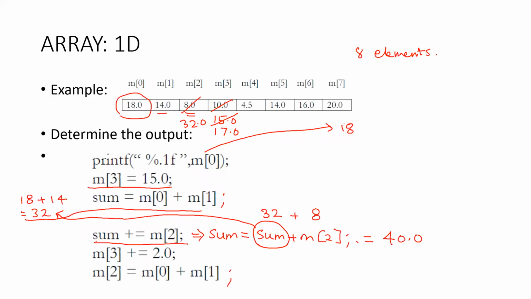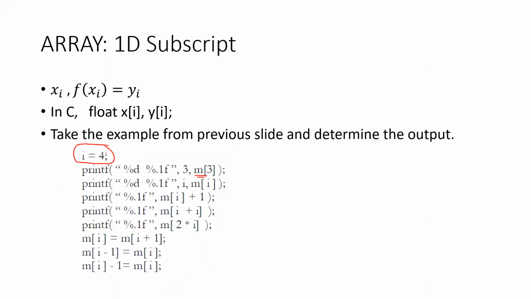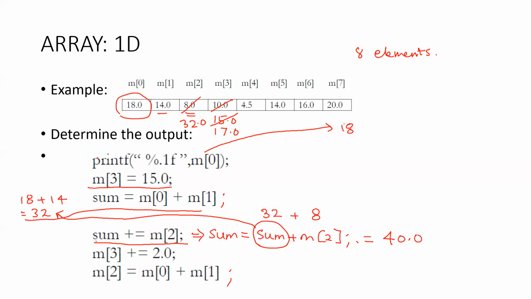17. 15. 17, 17. 17 sebab tadi dia dah tambah 2 kat sini. Tadi 15 kat atas, lepas tu dia renew balik dia punya value tambah 2. So jadi 17. Okay, sebab tadi saya dah cancel kat sini, saya tulis slash.